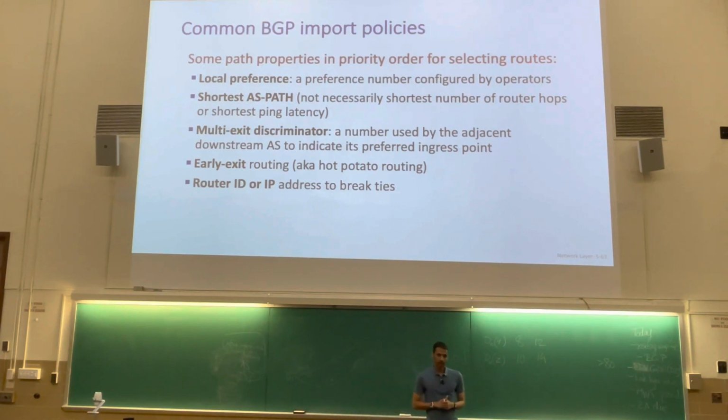Shortest AS path, the shortest number of ASs, doesn't necessarily mean shortest ping delays. You may traverse two ASs in one path, but these two might be national or intercontinental size tier 1 ISPs that go a long way to another continent.